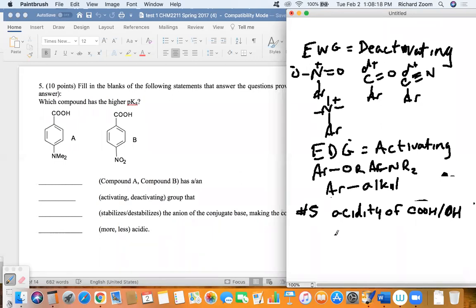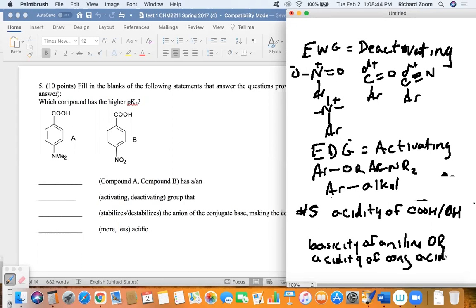For the second part, it could be basicity of an aniline or acidity of a conjugate acid. So those are the 3 possibilities for these 2 questions, but the first one is always about acidity.